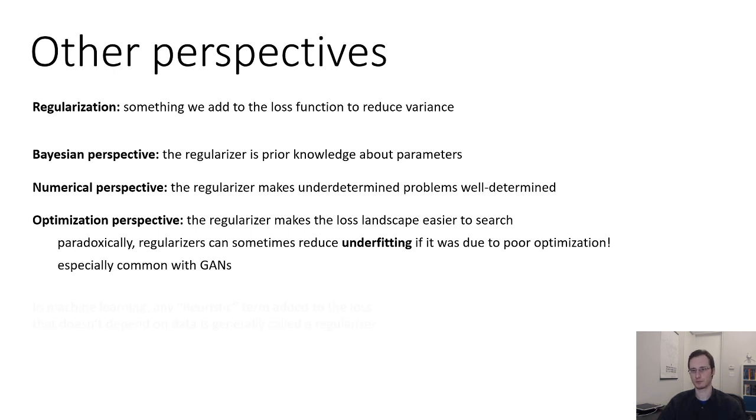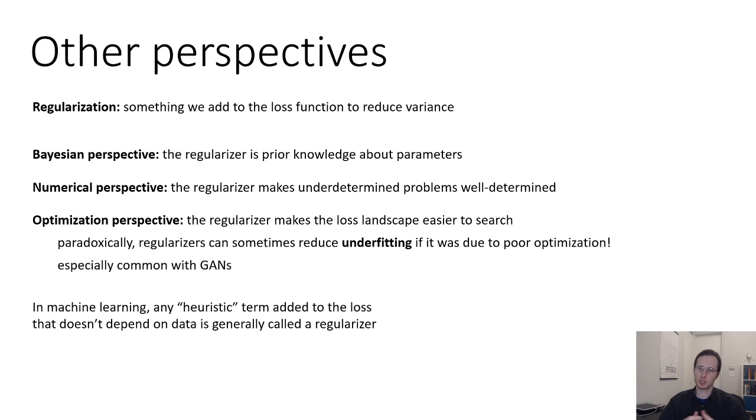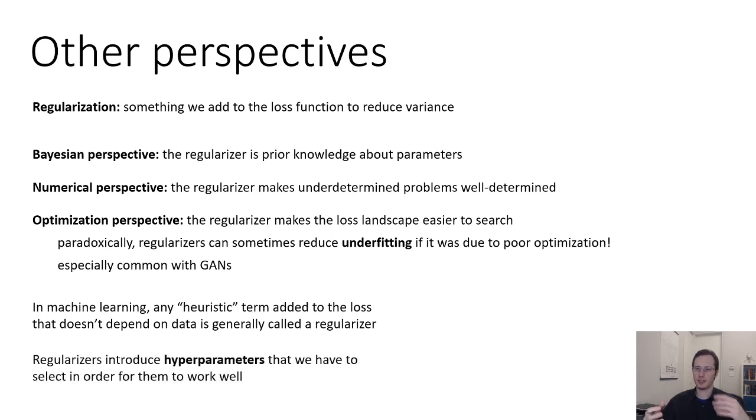So in machine learning, any kind of heuristic term that we add to the loss that doesn't depend on the data is generally called a regularizer. And one thing about regularizers is that regardless of which perspective you take, and regardless of what role they play, they generally introduce hyperparameters that we have to select in order for the regularizer to work well.